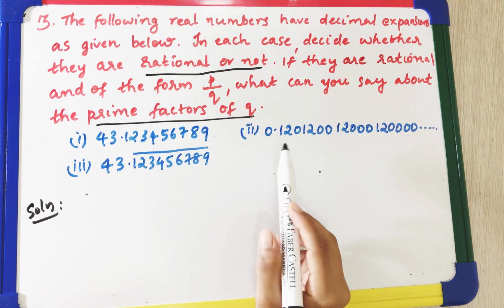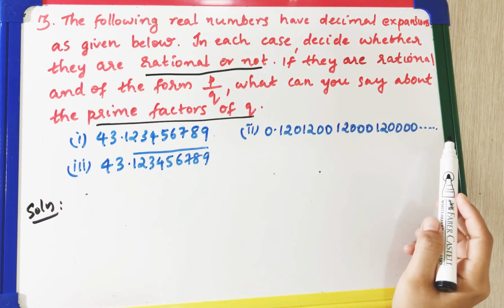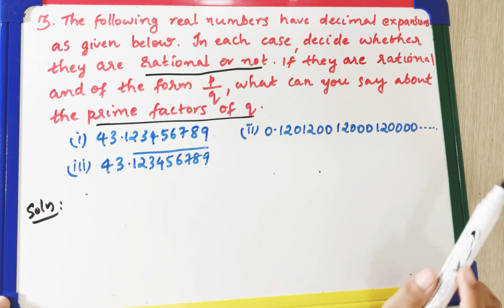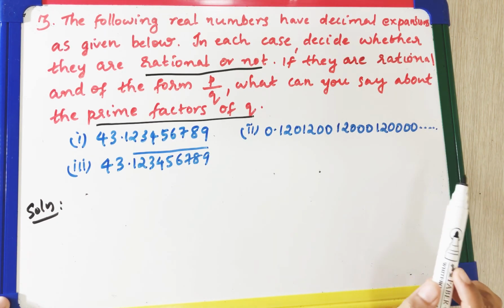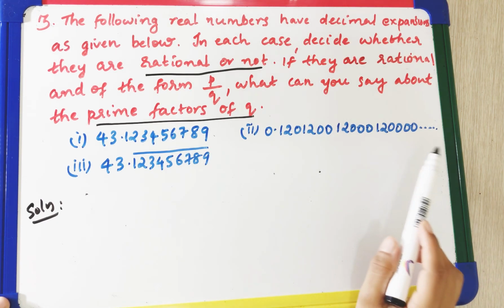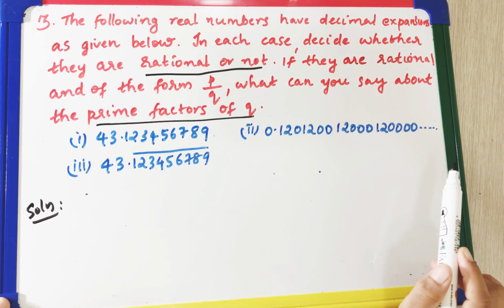See the second one, 0.120, 1200, 12000, etc. This is non-terminating but not repeating. So this is not a rational number. Rational numbers are either terminating or non-terminating repeating. Here this is non-terminating and non-repeating.